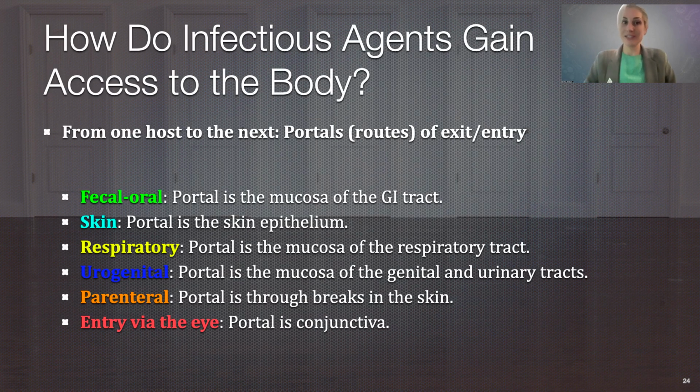Okay. When we talk about infectious agents, we have to see how they get into the body. Well, different microorganisms have different routes, whether that be viral, whether that be bacterial. We have the fecal oral route, which is one of the most common routes. And this has to do with the GI tract, the gastrointestinal tract. So as we consume food, we're introducing bacteria and viruses to our body, and then they leave through the gastrointestinal tract, through the colon.